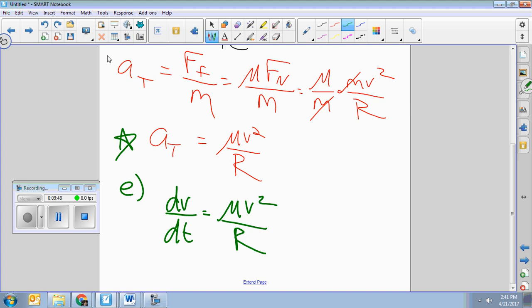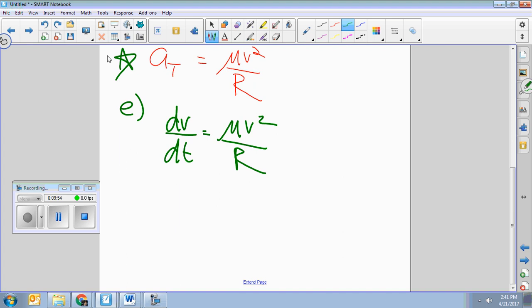I need to get all of my v's on one side and all of my t's on the other side. I believe that process is called separation of variables. I know how to do math, I often don't know the terms for it. So I'm going to multiply by dt and divide by v squared to get dv over v squared equals mu over r dt. Follow?